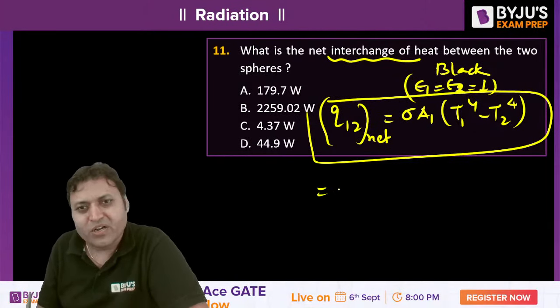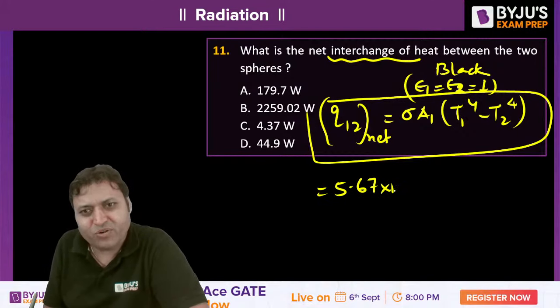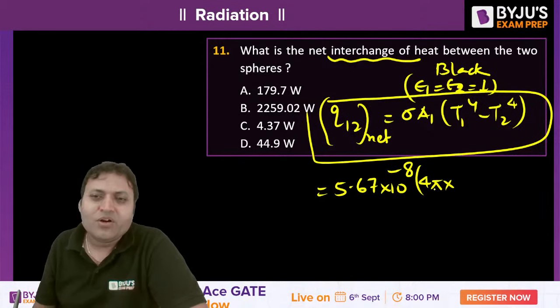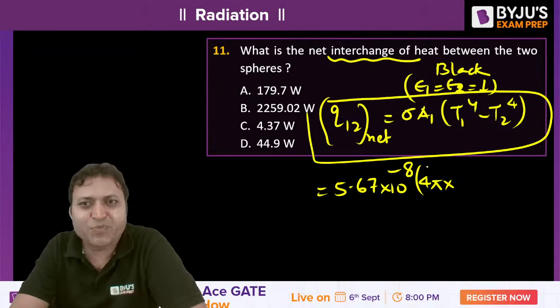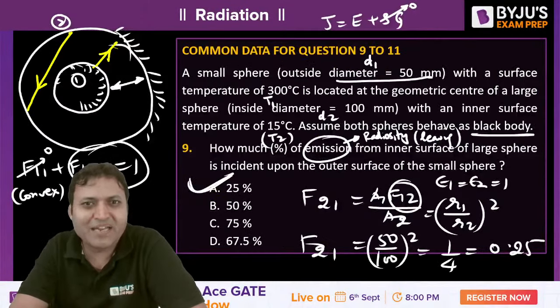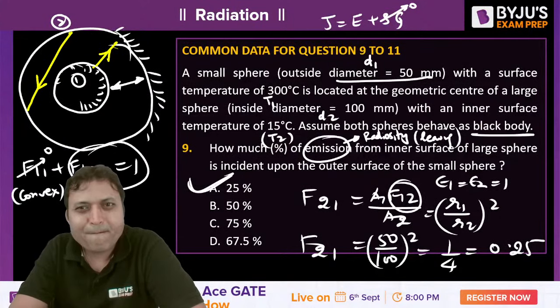It will be 5.67 into 10 to the power minus 8 into 4 pi R1 square. 50 mm is the diameter for the inner sphere, so radius is 25 mm, so 0.025.